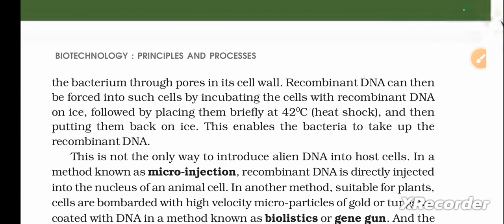Recombinant DNA can then be forced into such cells by incubating the cells with recombinant DNA on ice, followed by placing them briefly at 42 degrees centigrade (heat shock) and then putting them back on ice. This enables the bacteria to take up the recombinant DNA.